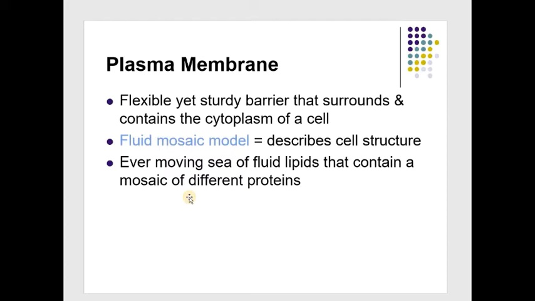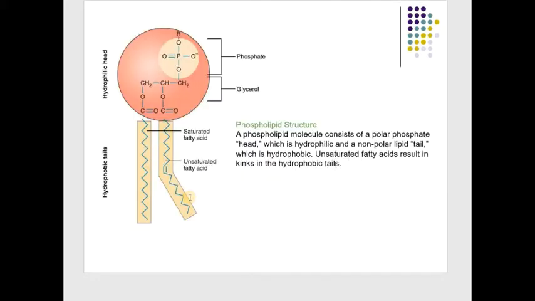We call it that because it has lots of fluidity to allow the proteins that are embedded in it to move around and shuffle. It allows things in and out of the cell while being strong and keeping certain things out and certain things in. Okay? It is comprised of phospholipid molecules.